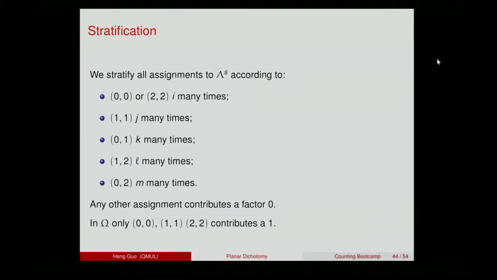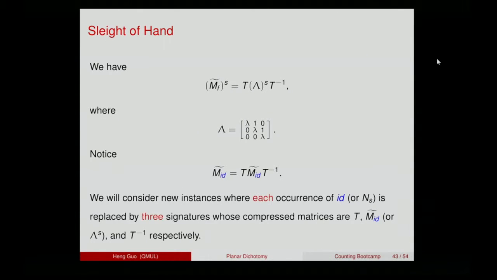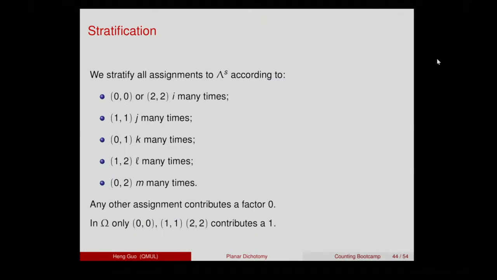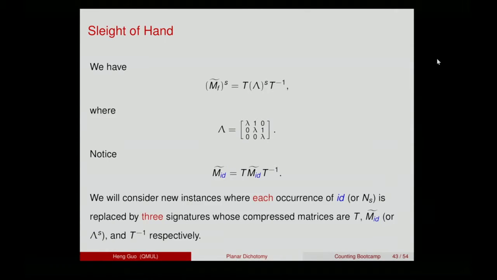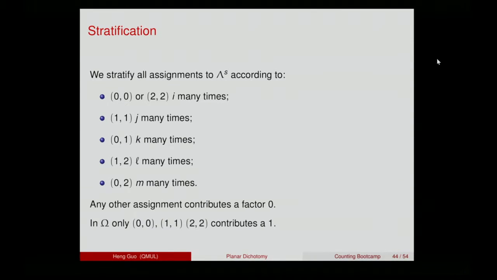In this picture, in this matrix we have 5 non-zero entries, but when we take this power, the corner will also be non-zero. So we have 6 cases, but we bundle the 0, 0 and 2, 2 case together, and any other assignment will give 0. And in the original instance, because we have identity here, we have 1, 1, 1 here, so we only care about 0, 0, 1, 1, 2, 2.